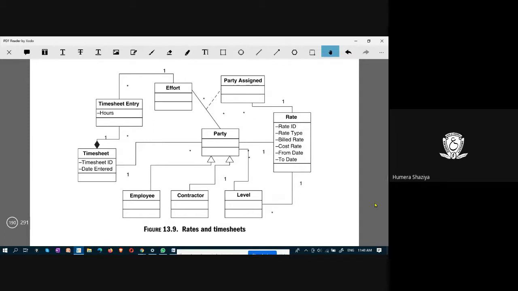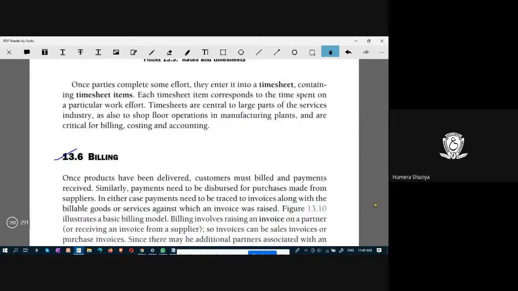To this party, rate has to be paid. To which party? It can be an employee or contractor or level, and that is party assignment. This party class or table would take care of assigning a party who has a particular rate to the effort, to the work that is to be done. That is all about rates and timesheets.